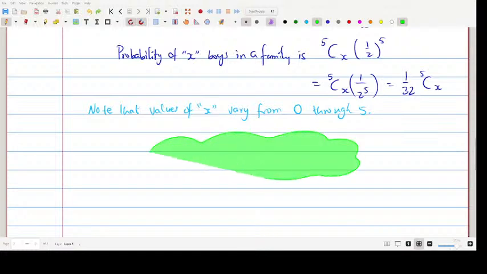The idea is as follows. Probability is the same as a fraction.